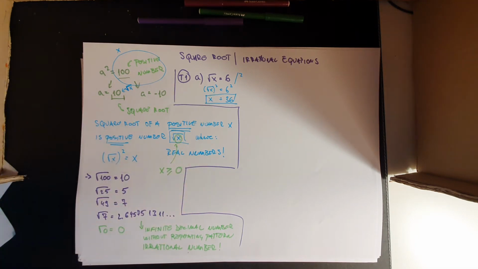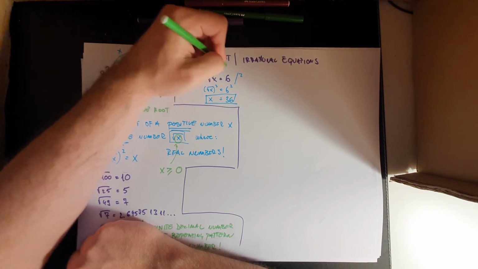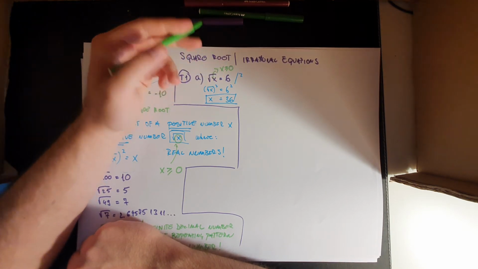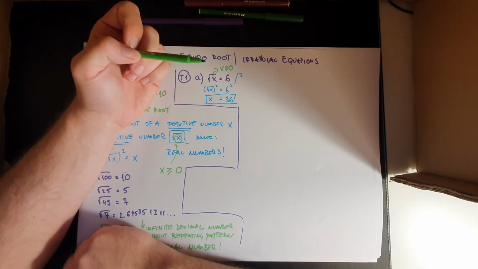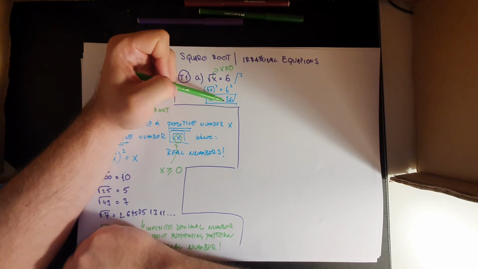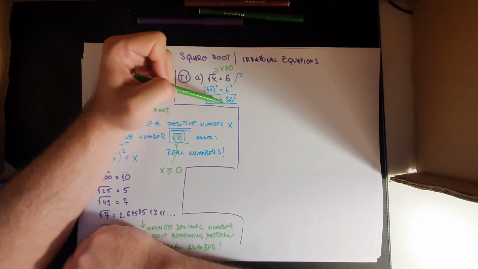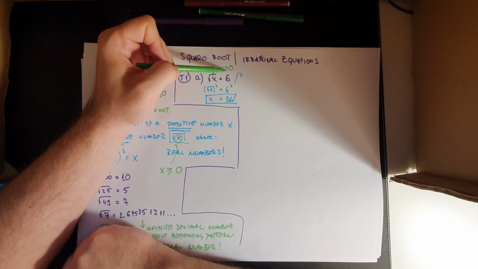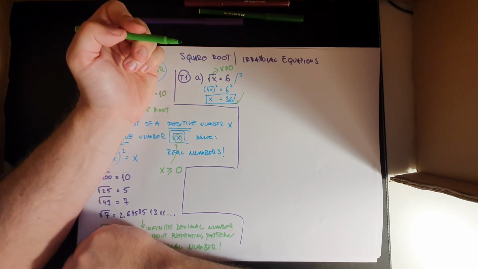This means that whatever is inside of the root, here x, has to be greater or equal to 0. If we get something that is not greater or equal to 0, then the result that we got is not actually the result of this equation. Now 36 is greater or equal to 0, so everything is fine. 36 is the solution to all of this.